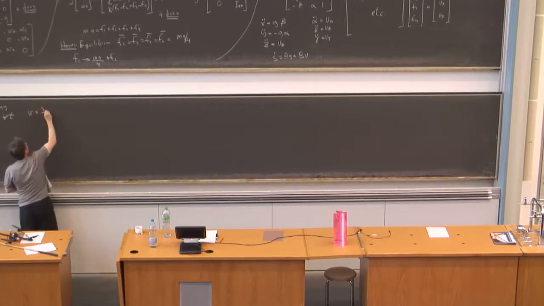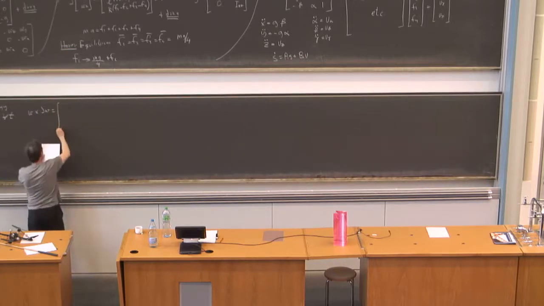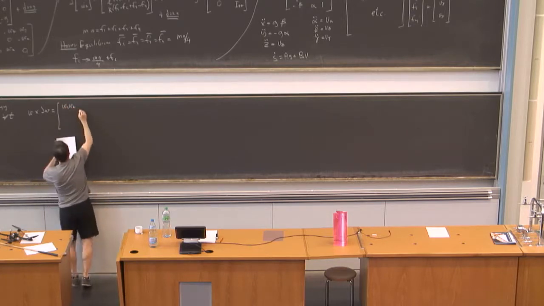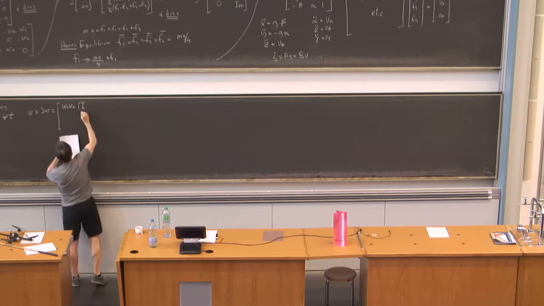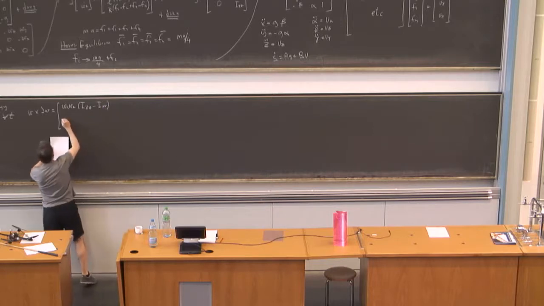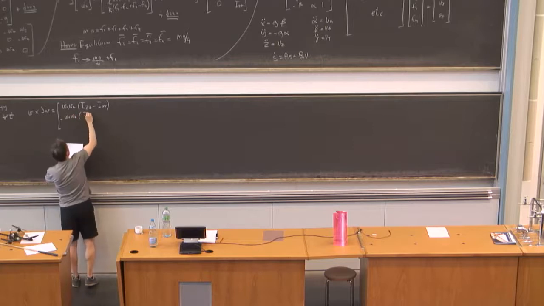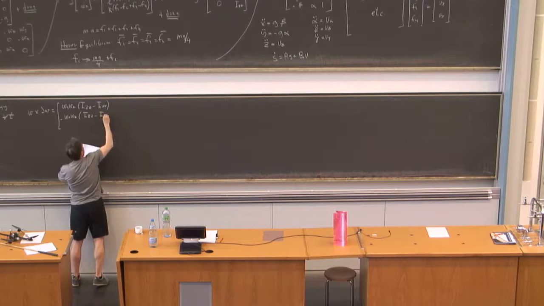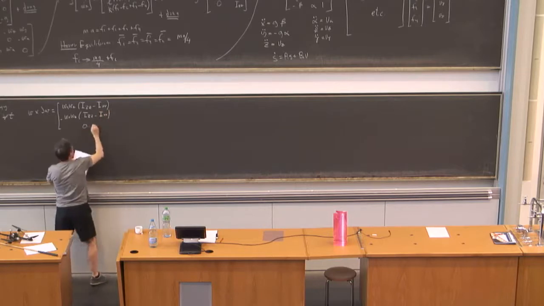Omega cross J omega is equal to omega y omega z times Izz minus Ixx, minus omega x omega z times Izz minus Ixx, and a 0.